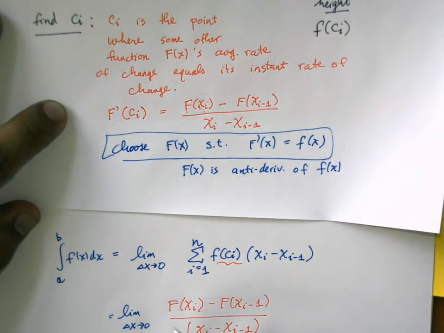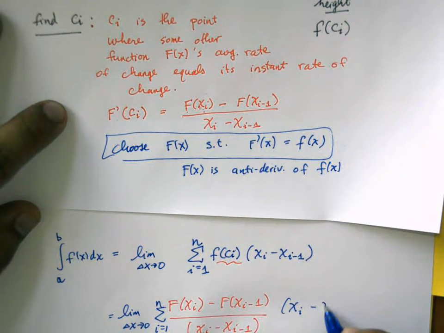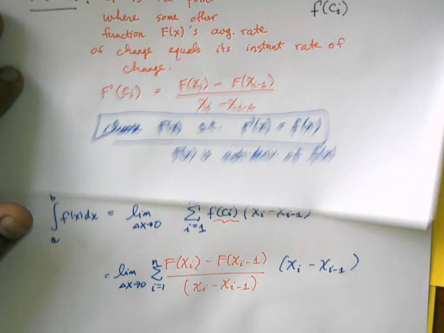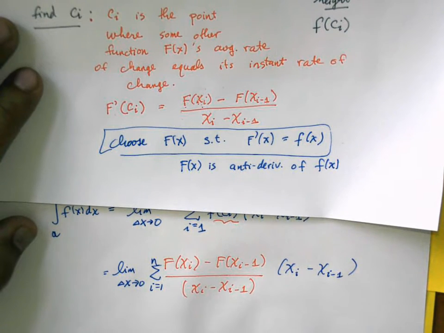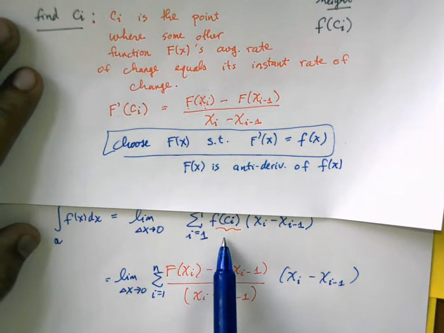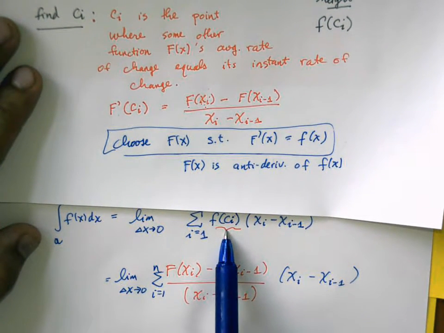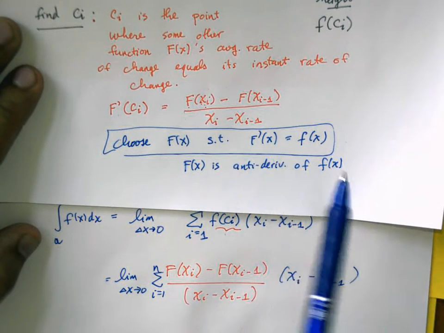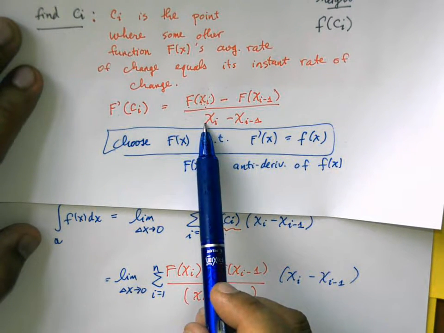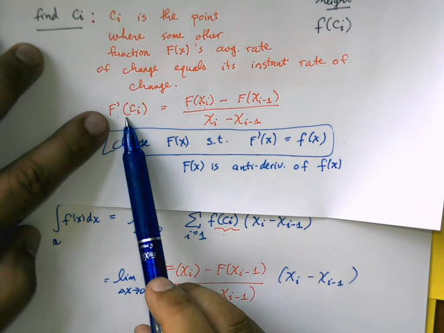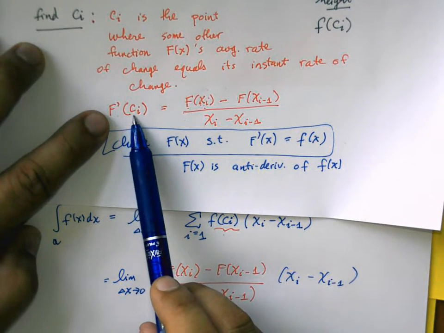Now I forgot the summation symbol here. Okay. Whoops, running off the screen there. So we can replace this f of c sub i with this expression, because this expression is equal to the derivative at some point c sub i.